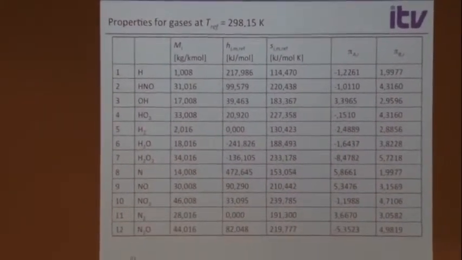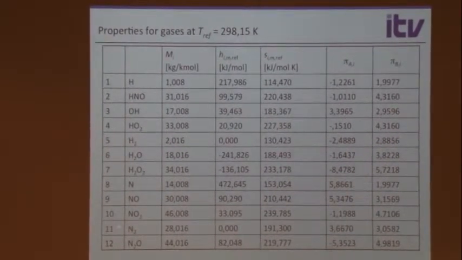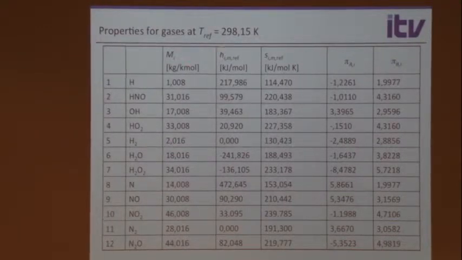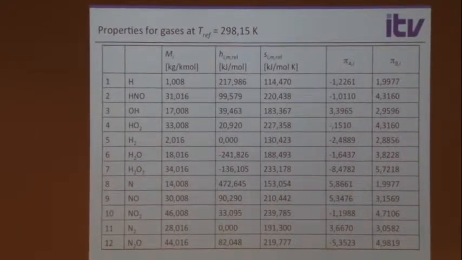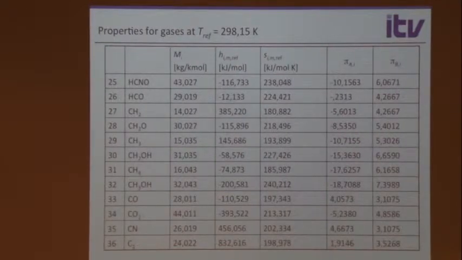You see here, for example, N2, molecular weight, in case you don't know this. There's the reference enthalpy. The reference enthalpy of N2 is 0. That's what we said earlier. Then you have this S i reference value, and you have the pi A and the pi B. Okay, they are all in the table.